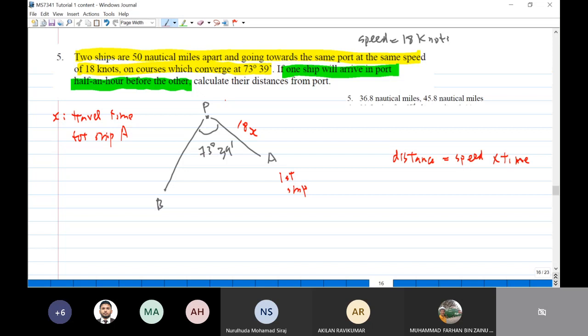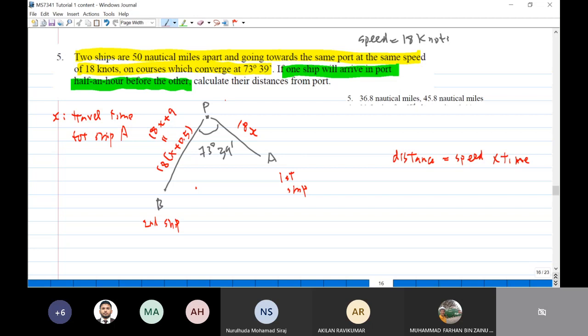So the second ship will be 18 times x plus 0.5, where 0.5 is half an hour. That is 18x plus 18 times 0.5, which is 9.